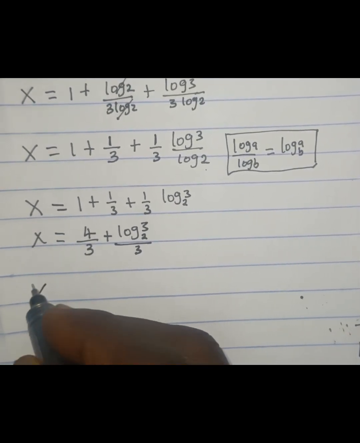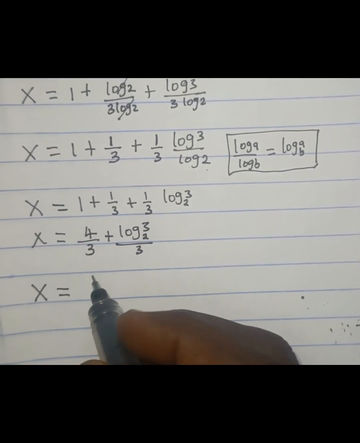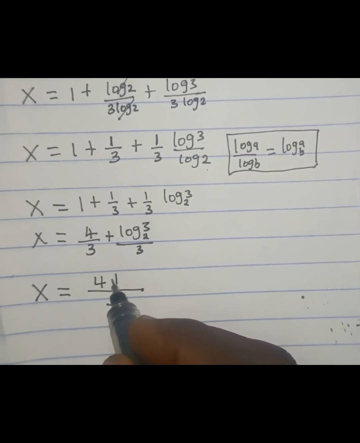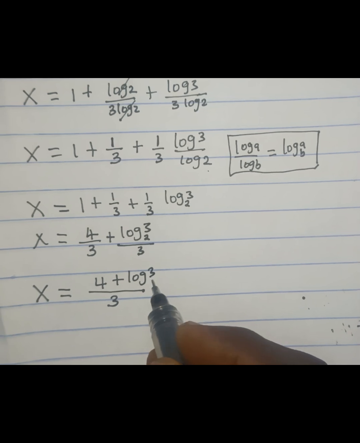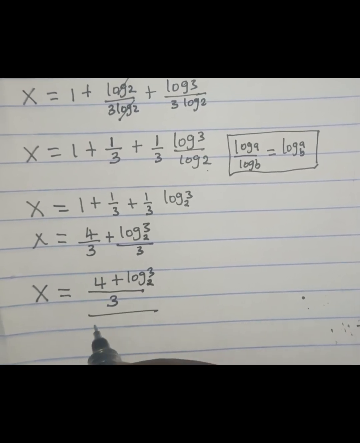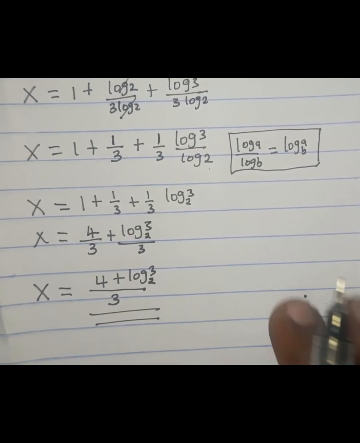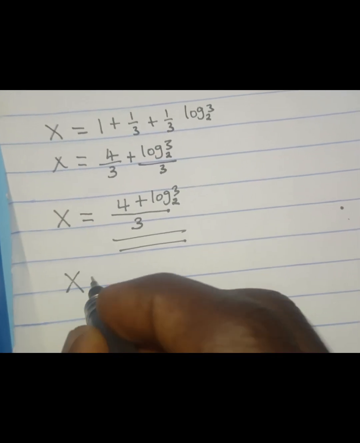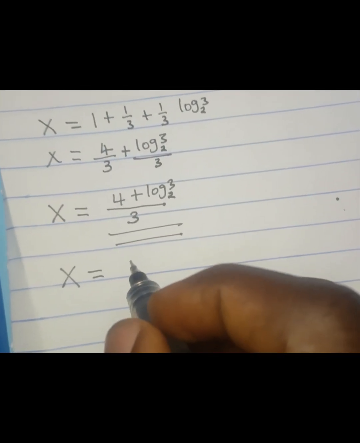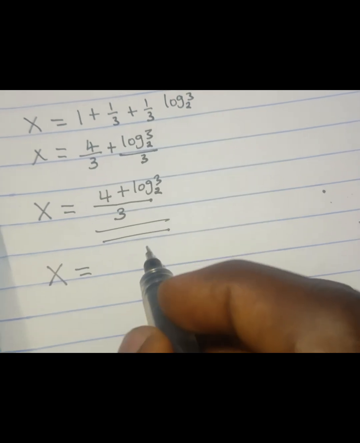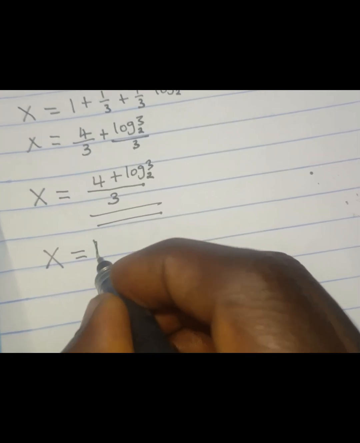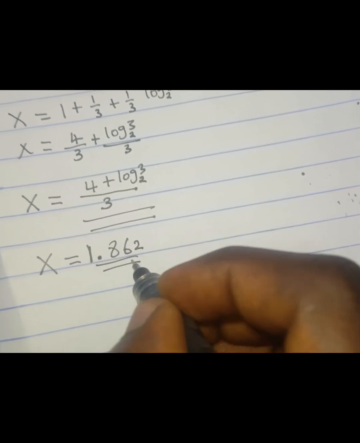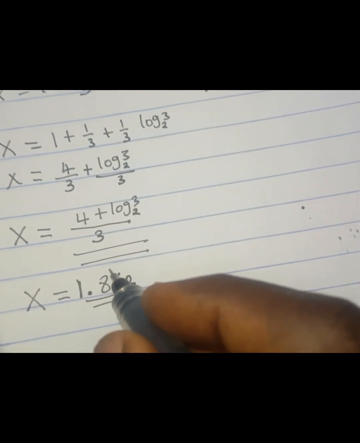So this can be written as x equal to, the denominator is 3, 4 plus log of 3 to the base of 2. And here is the value of x that satisfies this exponential equation. To get the numerical value, when you press the calculator, 4 plus log 3 to the base of 2 all over 3, we are going to have 1.862. So this is the numerical value of x that satisfies this equation.